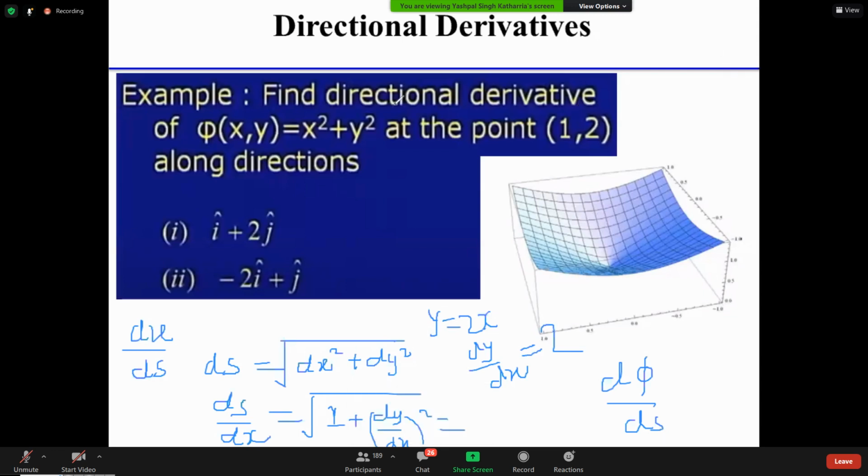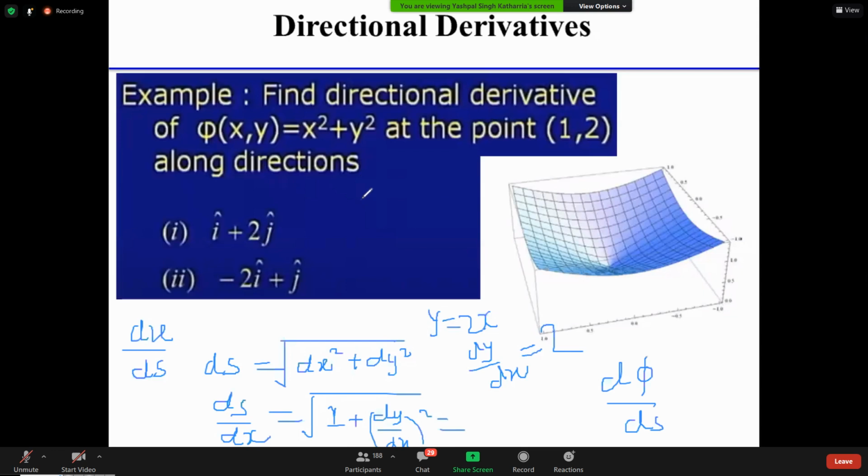Yes, Piyush? Yes, sir. So for the point 1, 2, we have taken the equation of line y is equal to 2x, because this point may be found in any other line satisfying 1, 2. No, it's not just that. It's the position vector of that point.